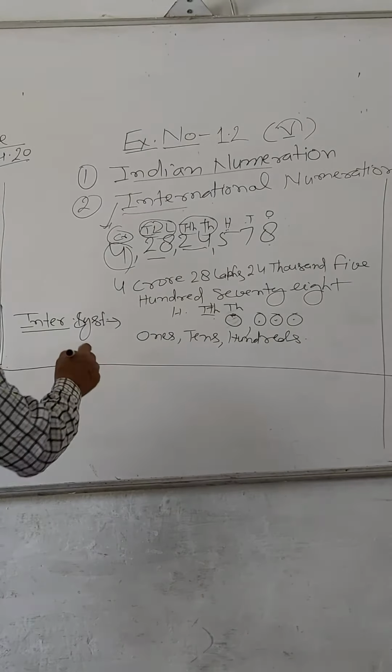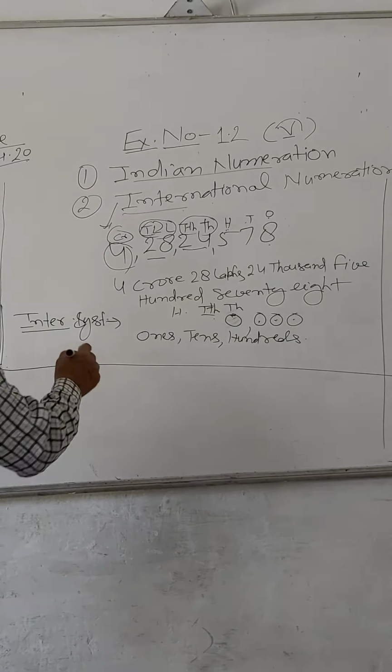Then after that 10 million, then 100 million. Again after 100 million, billion comes. Billion, 10 billion, 100 billion. After that trillion comes.